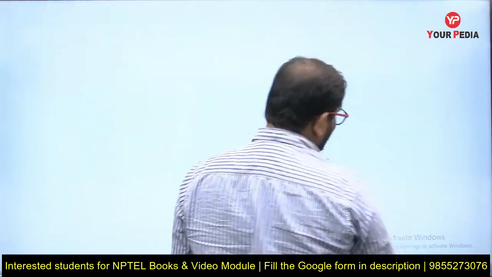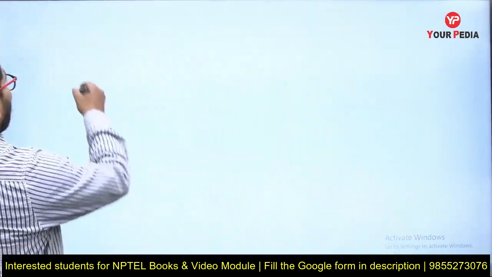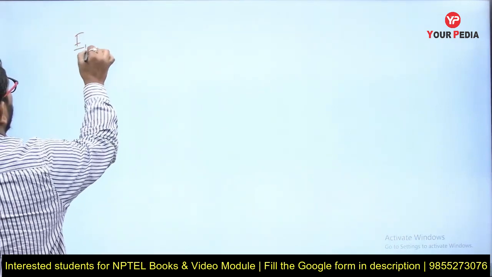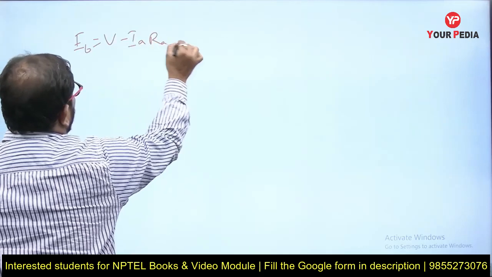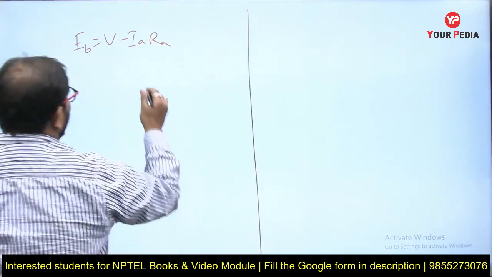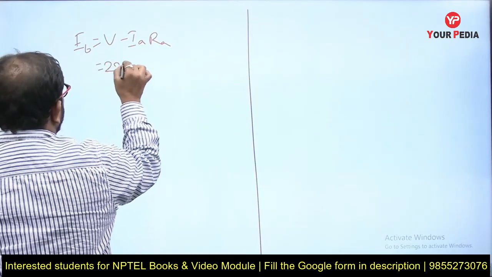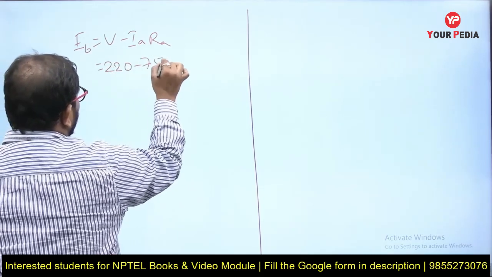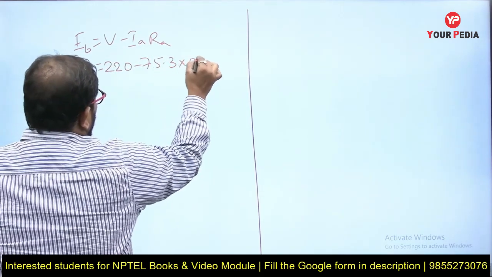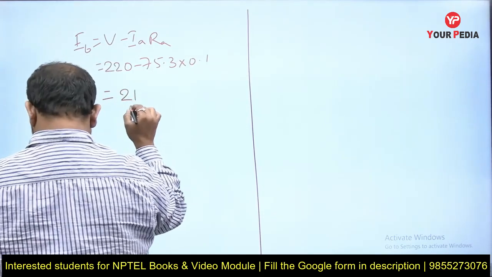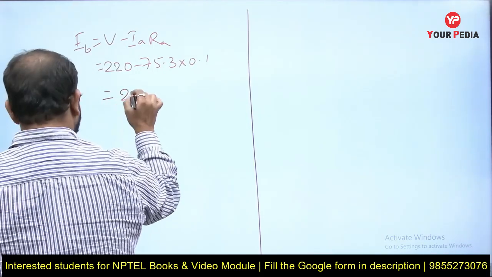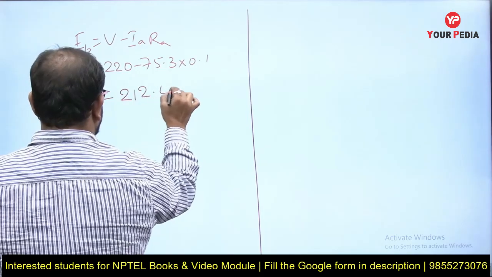Now as we know the current, we can calculate the back EMF EB, which is equal to V minus IA RA. So it will be equal to 220 minus 75.3 into 0.1, which gives 212.47 volts.